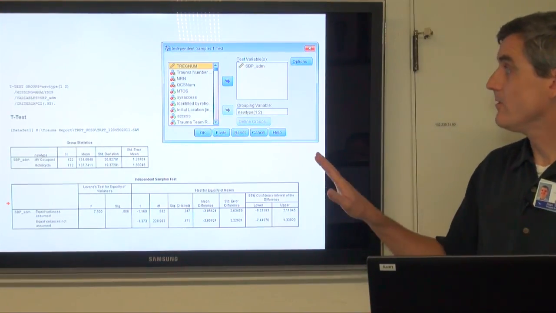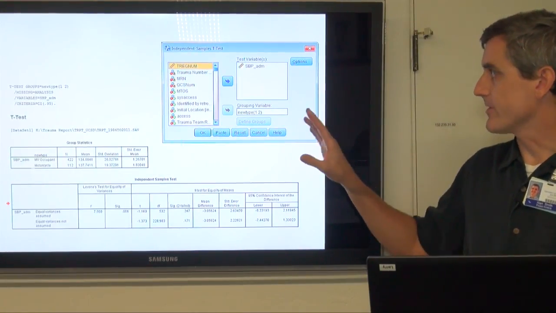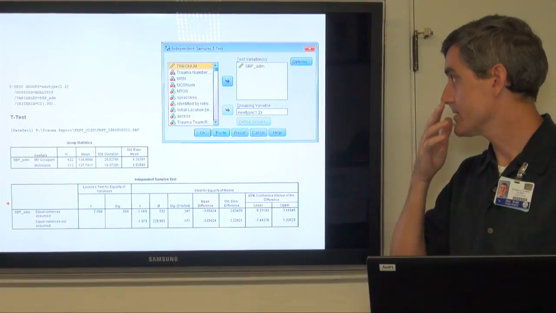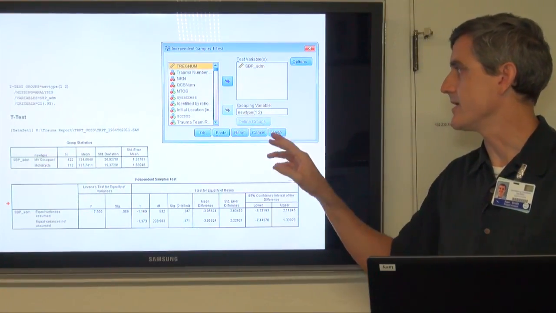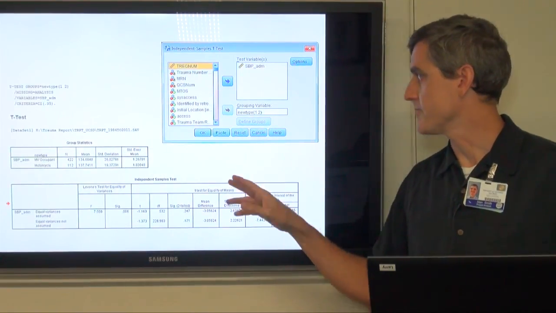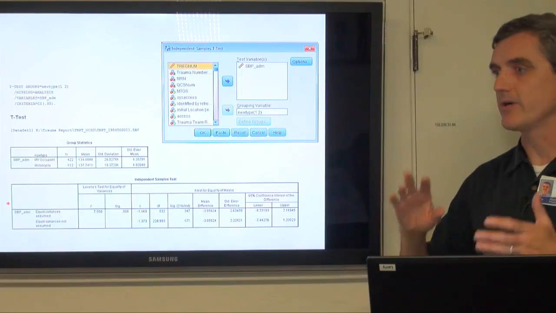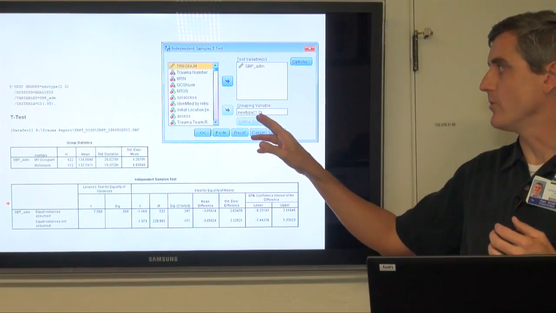Okay. Now, if we were to run this in SPSS, we have a very similar type of test. Again, we'll put the test variable up here as systolic blood pressure, but then we need to put a grouping variable where we're going to define which two groups we're comparing. I have a variable called new type where I have the mechanism of injury. And so I'm saying, okay, compare group 1 and group 2.